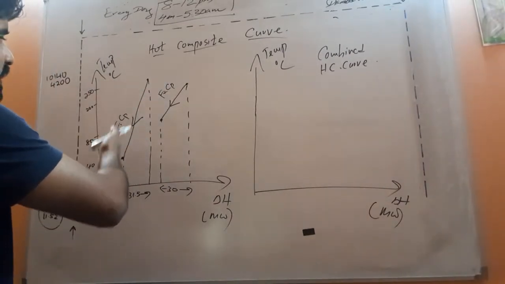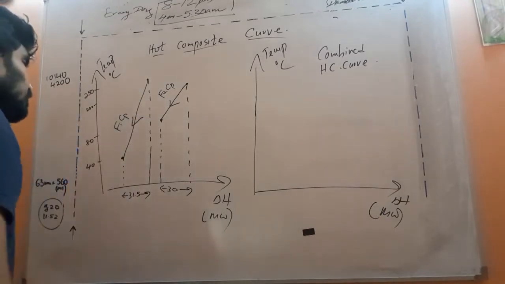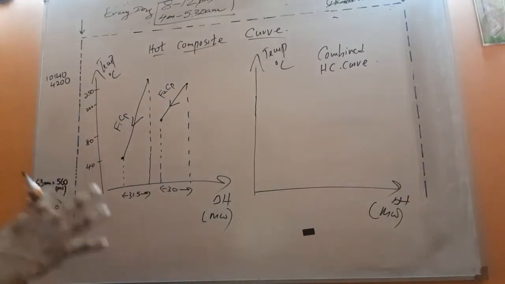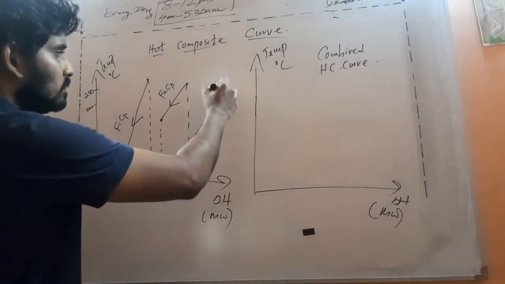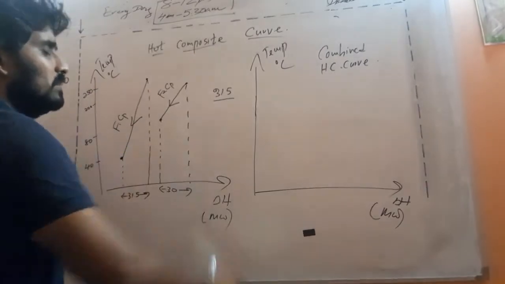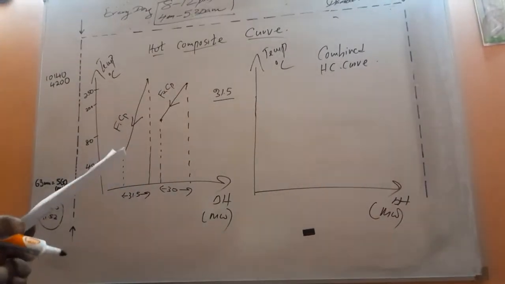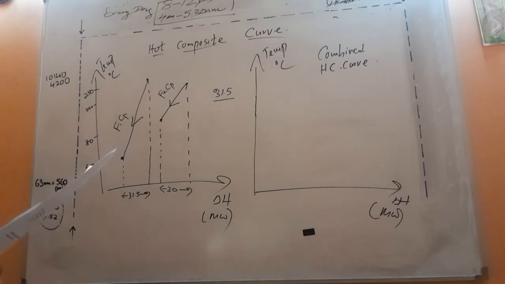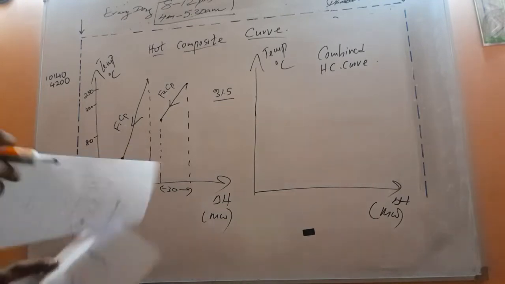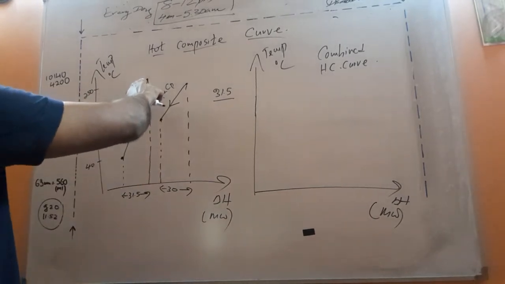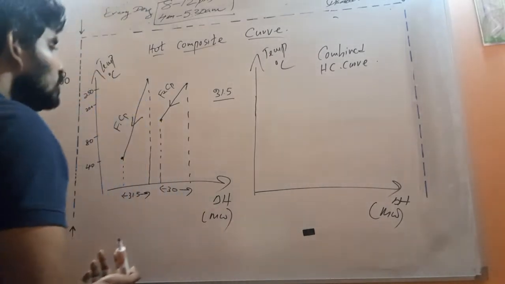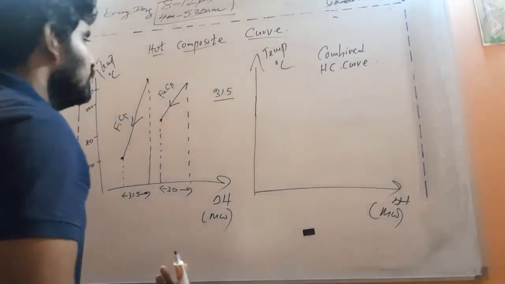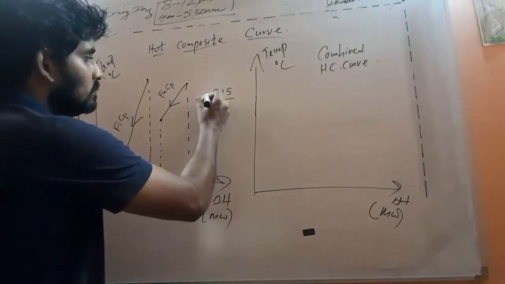The way of finding the FCP value for this profile is the delta H value, which is 31.5, divided by the temperature difference, 250, 40. But here, if I consider delta H, the sign is negative because of a hot profile.